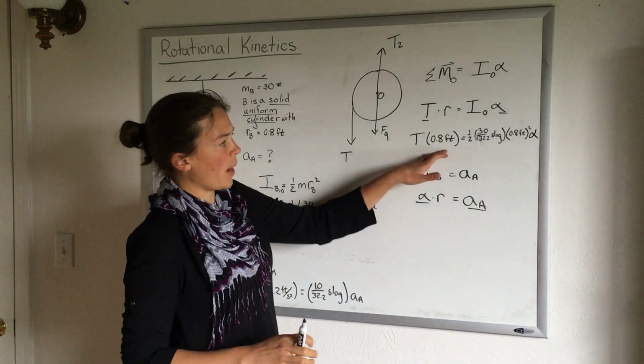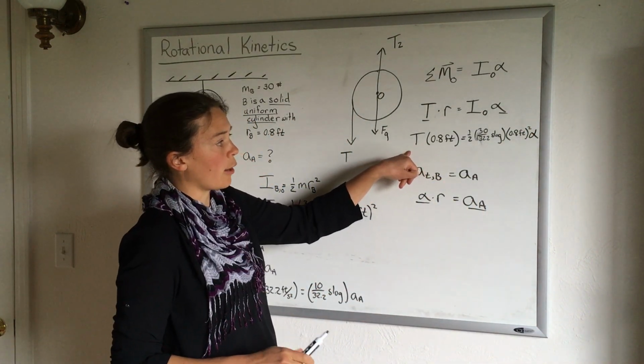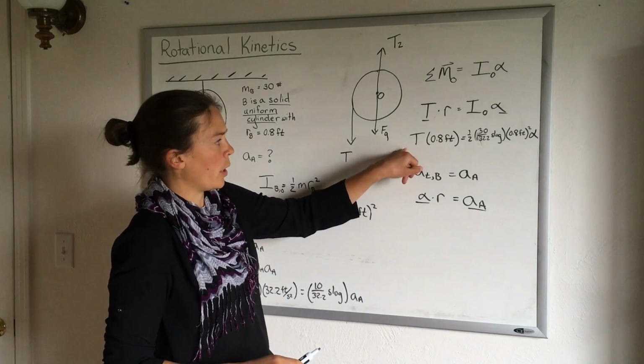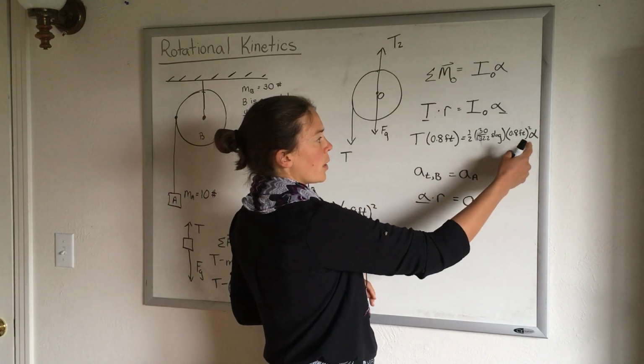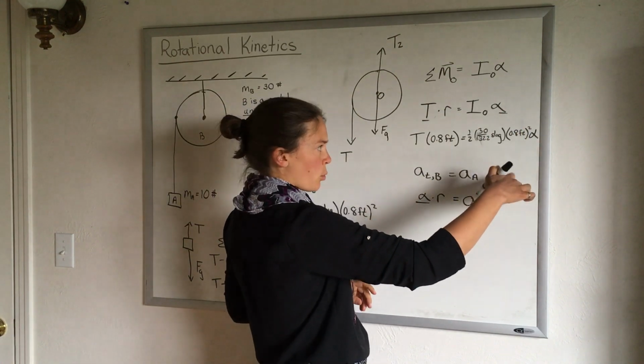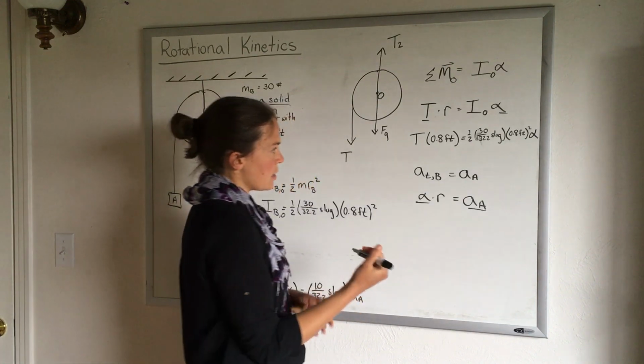So I have foot-pounds. Remember, a pound is a slug foot per second squared. So I'll have slug feet squared per second squared. Here I have slug feet squared, which means my alpha will have to be per second squared. So that'll be radians per second squared, which makes sense.